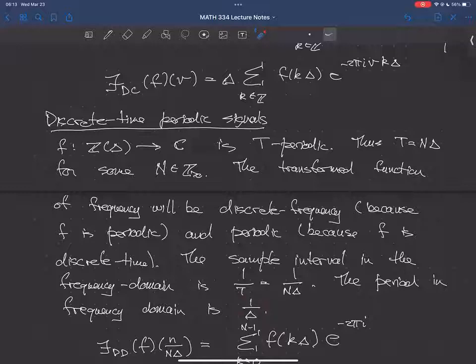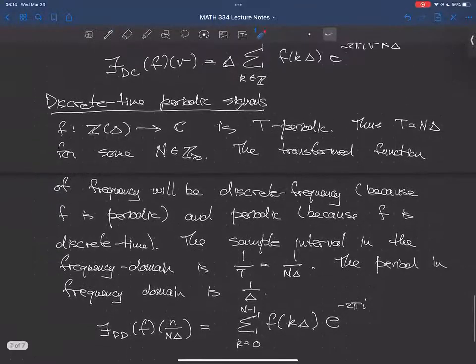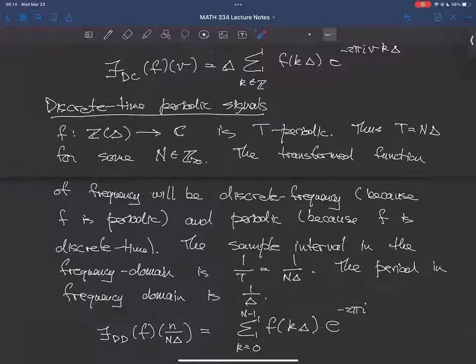So nu is going to be replaced by little n over N delta, and k delta is k delta.